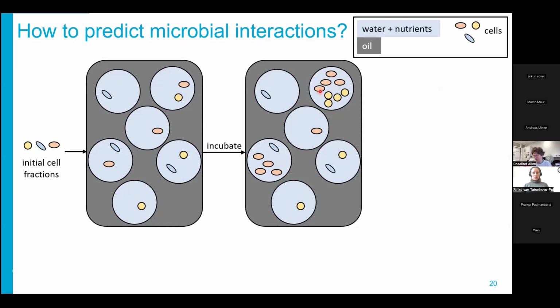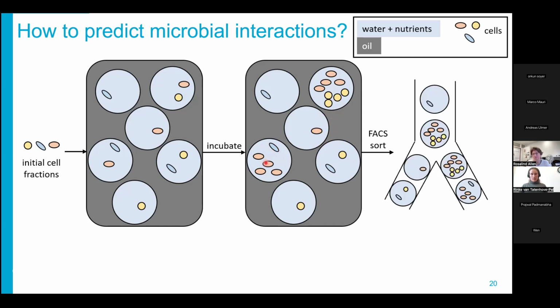In this case, for example, A and B stimulate each other, so both of them grow, while if they are on their own, they do not grow. And here, only this one is growing in the presence of this one. So this one is apparently helping this strain, just as an example.